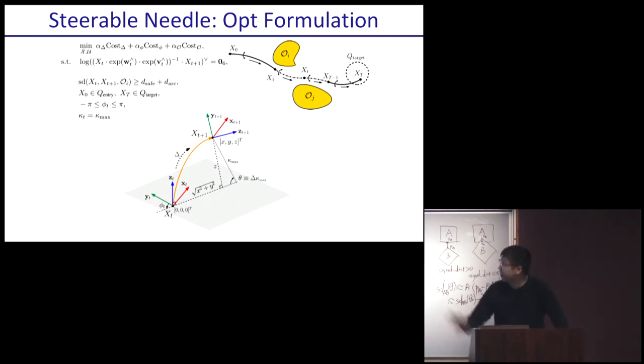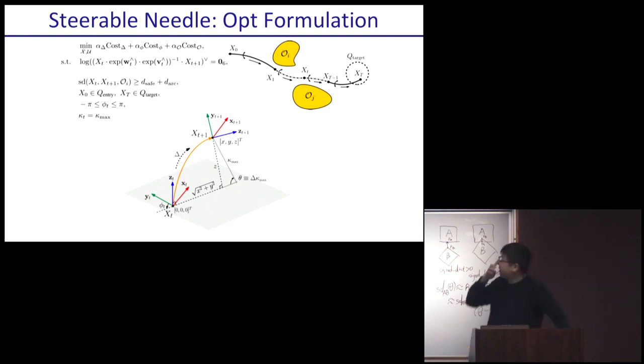So here the yellow part, the O, is some obstacle, and we want to minimize three costs. One is cost delta, one is cost phi, and another is cost O. They are the translation cost, the rotation cost, and the obstacle cost respectively.